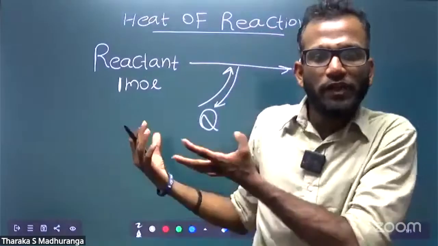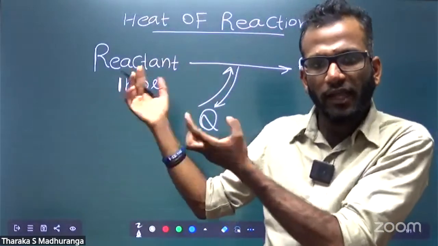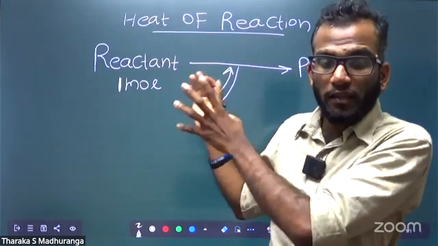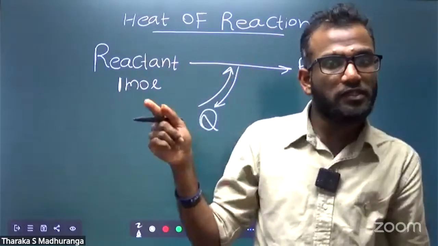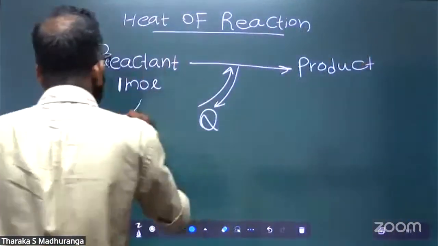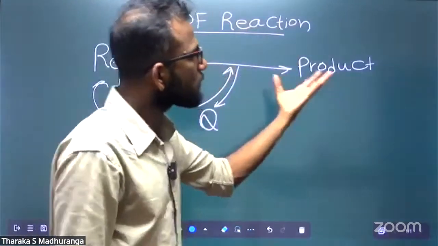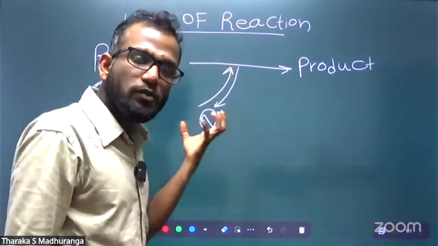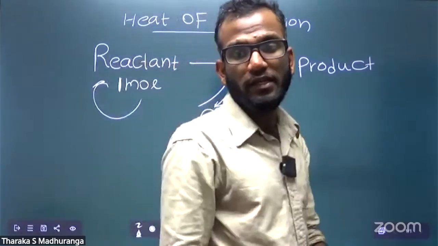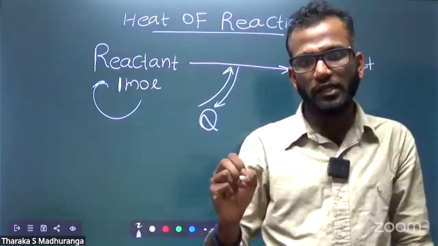I will explain now what the balanced equation means. In the balanced equation, 1 mole of reactant converted to product produces or releases heat energy or absorbs heat energy, that we call the heat of reaction.